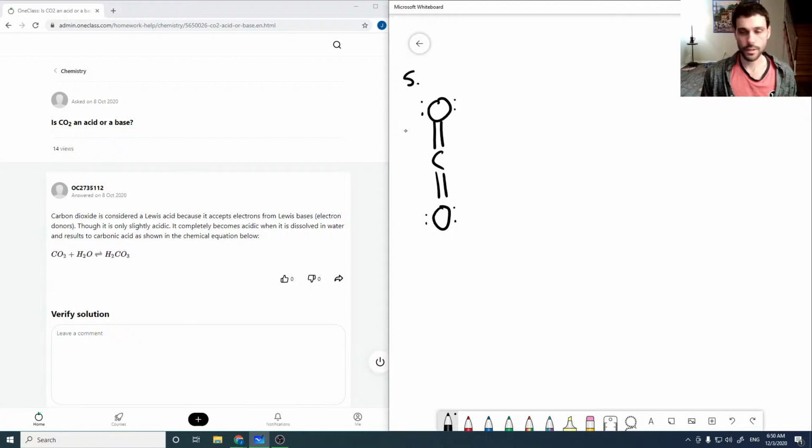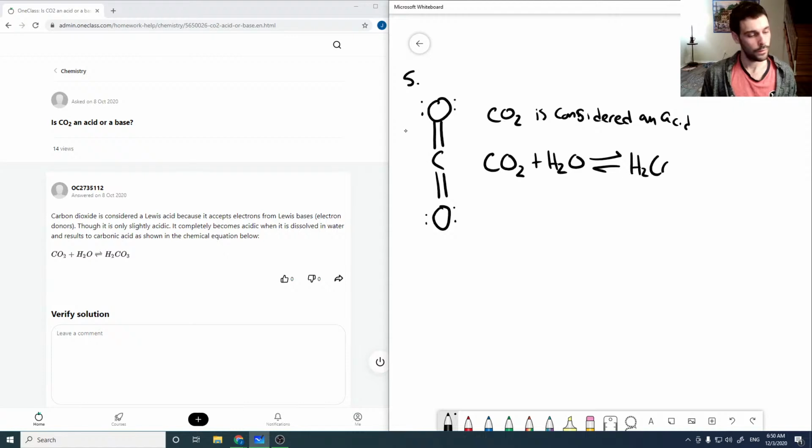CO2 is considered an acid. This is mostly because if you bubble CO2 through water, then you get carbonic acid, which definitely does have an H plus that can be donated.